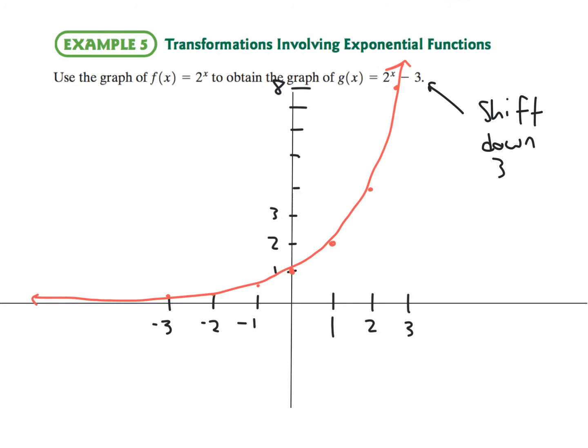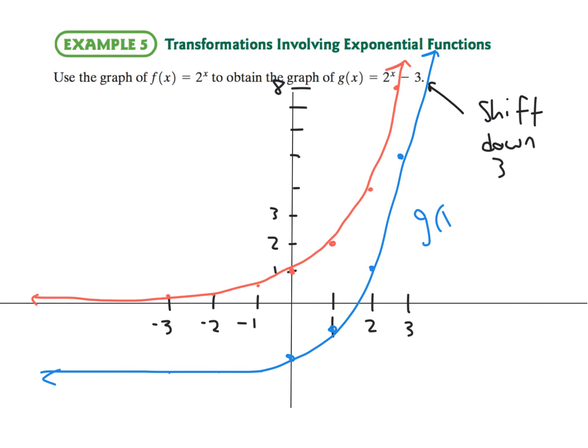So this is at positive 8, so that's going to drop down to positive 5. This second point at 4 is going to drop down to 1. At 2, it's going to drop down to negative 1. And at 1, it's going to drop down to negative 2. And all of them will be doing a similar drop of 3 units. So this blue line now is g of x is equal to 2 to the x power minus 3.